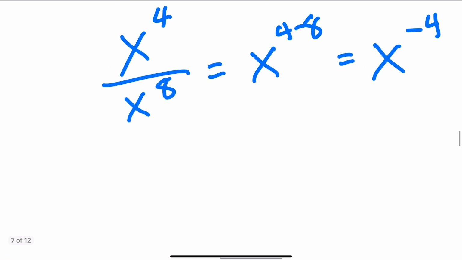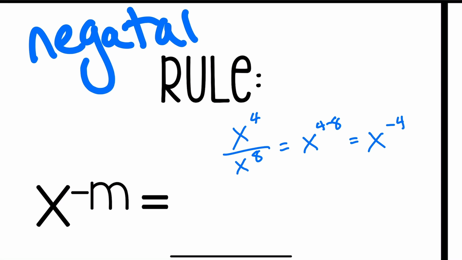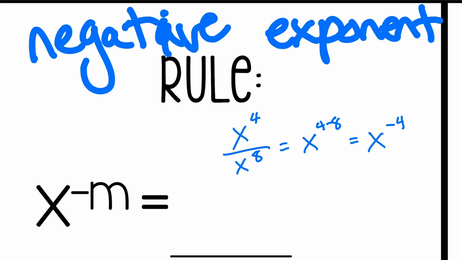The name of this next rule is going to be the negative exponent rule, because we are getting a negative number here.